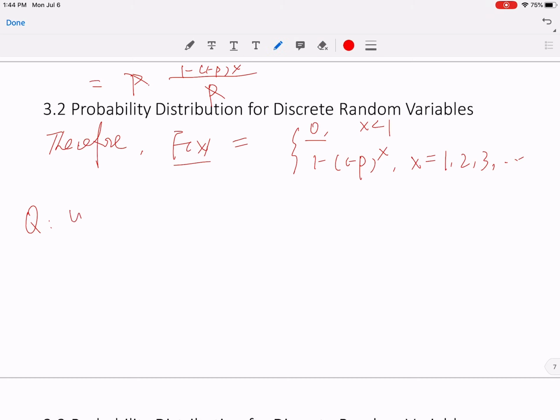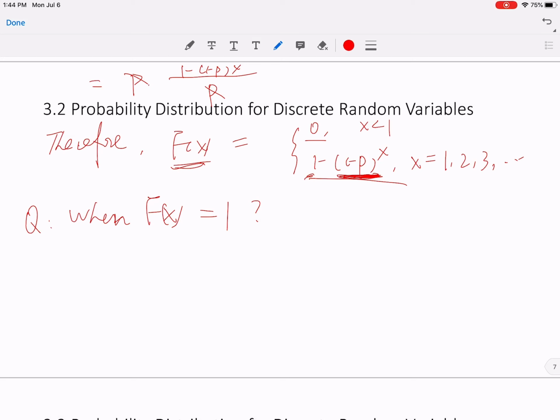So the question is when F of x is equal to 1. In this case, we have F of x equal to 1 minus (1 minus p) to the power of x. So we get a 1 already here. If we want to make F of x equal to 1, we just need to make this exponential part equal to 0, right?